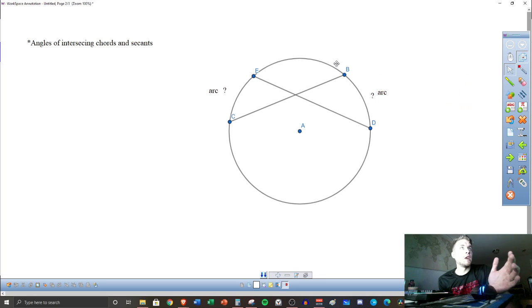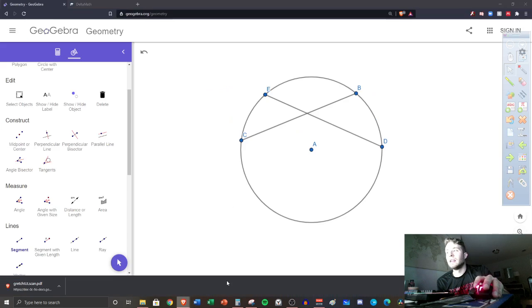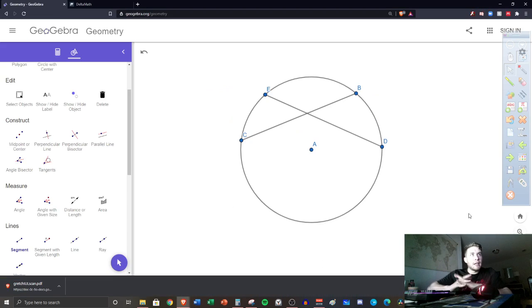What is the measure of the arcs CE and BD? Well, we have to think about how to find this. And I asked this question in person yesterday, and it took them a minute to think about how we can find it. But we have the tools to do this. Okay, we do have the tools to do it.